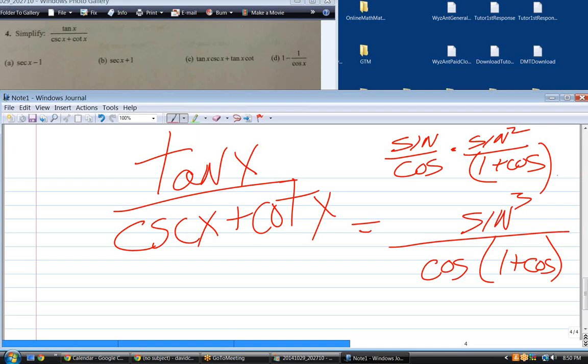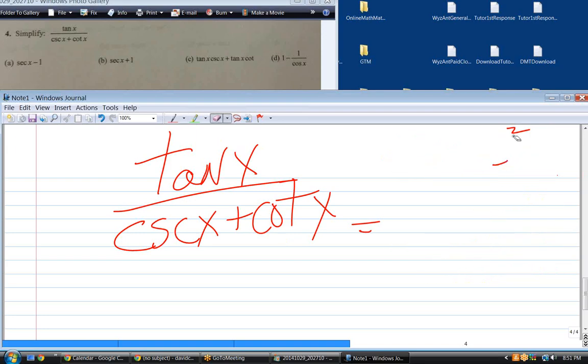I'm going to have 1 minus cosine in the top. I will be able to cancel out the sines, but I won't be able to do anything with that 1 minus cosine in the top. So this doesn't look promising either. So it's either one of these two here. Well, I don't know. It could still be that. But that doesn't look like the right direction to go to me.